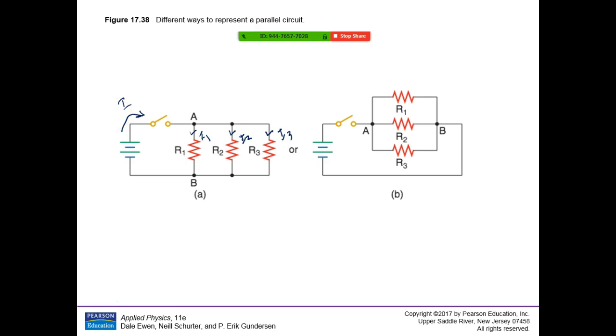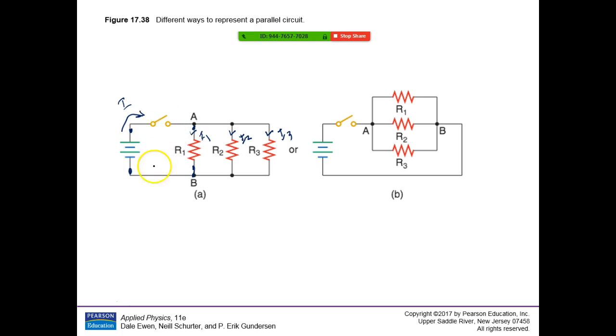Now, here's the part you might find surprising. If you put a voltmeter across this battery, that would read what the voltage of the battery was. Let's just say 6 volts, okay, across there. Well, you put that same voltage meter across here between points A and B, and guess what?